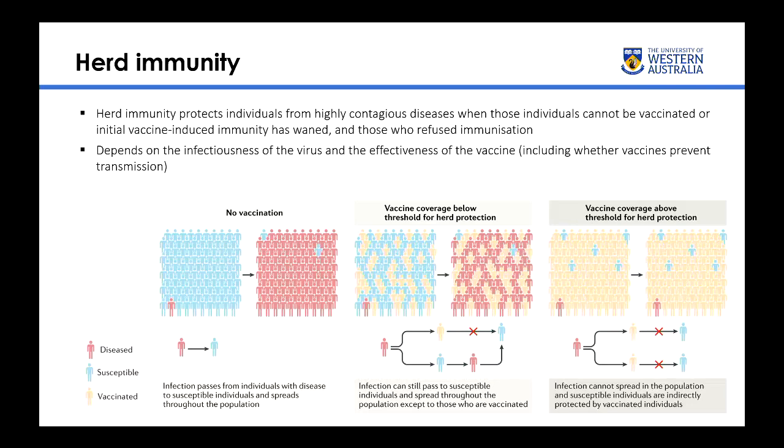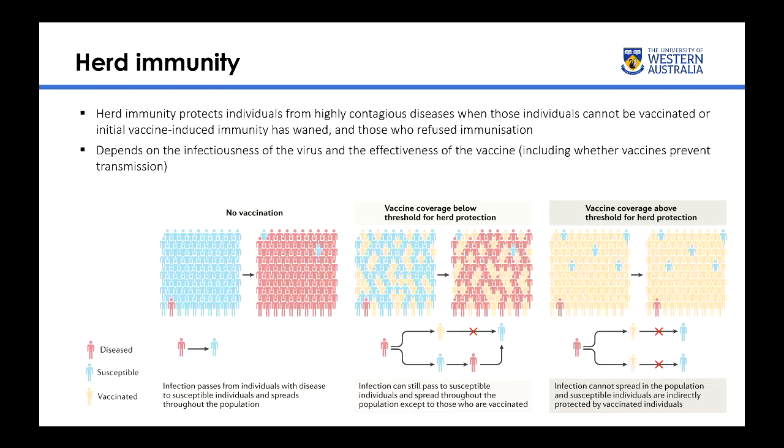Again, it depends on the infectiousness of the virus, as we just talked about with COVID, for example, and also the effectiveness of the vaccine. So the threshold to achieve herd immunity will vary from virus to virus, from pathogen to pathogen. We know that for diseases which have a really high R0, or transmission, the vaccination threshold is much higher.